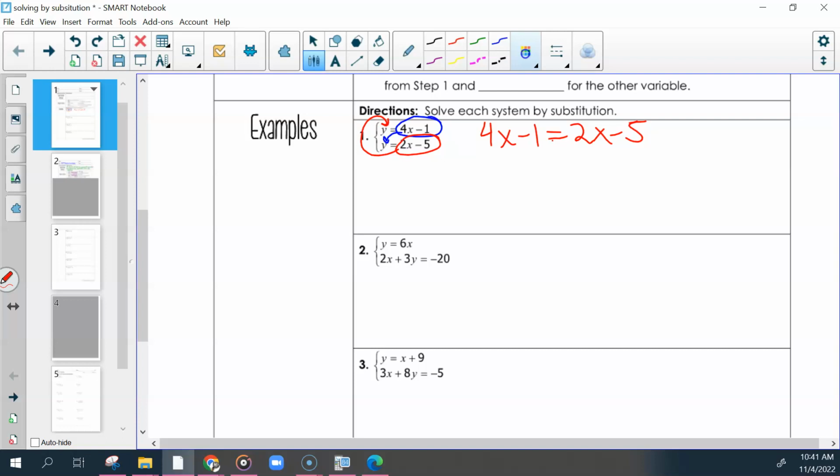So we can solve this. Get all the variables to one side, all the constants to the other. How you do that does not matter. If you want to do it the other way, that's fine also. But then we have to get x by itself by dividing both sides by 2.